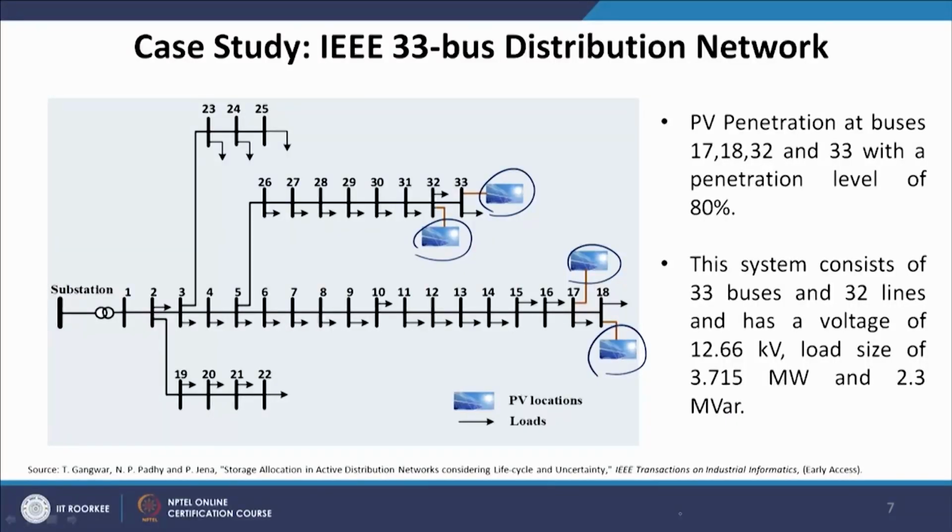PV penetration at buses 17, 18, 32 and 33 with a penetration level of 80% is created, and this system consists of 33 buses and 32 lines, has a voltage of 12.66 kV and a load size of 3.715 megawatt and 2.3 MVAR. So, this is the system that we have considered, and now let us get into the analysis part.